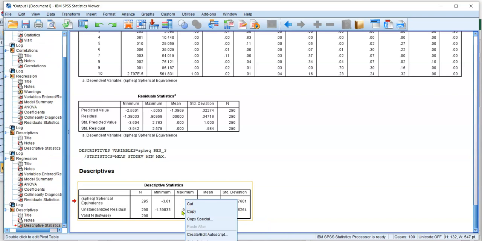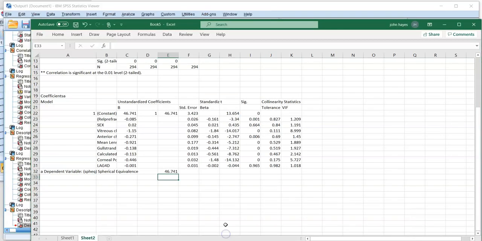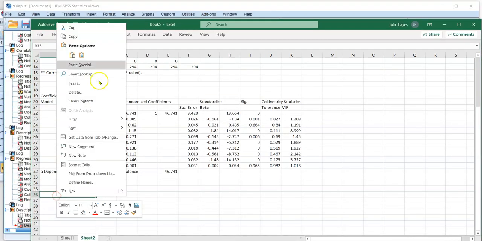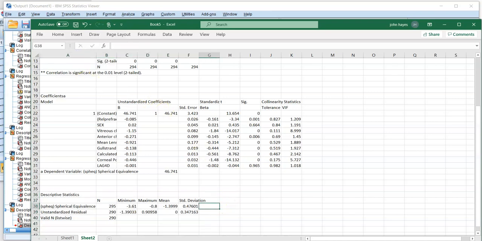Now, you can copy this table and put that into Excel too. Over here, paste, and then what is the variance? Pause as you think. The variance is the standard deviation squared.